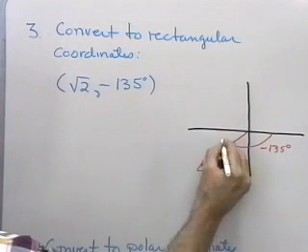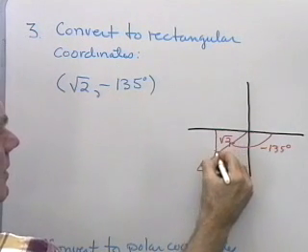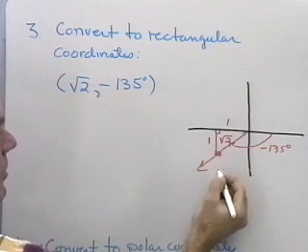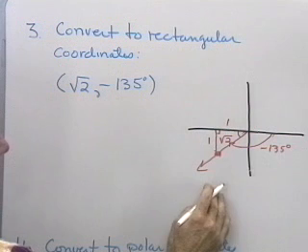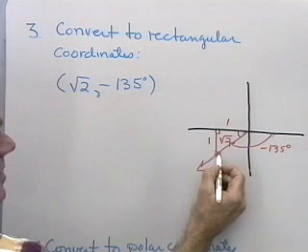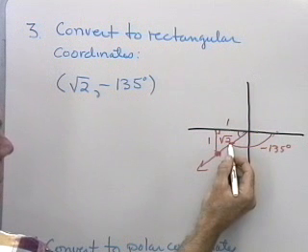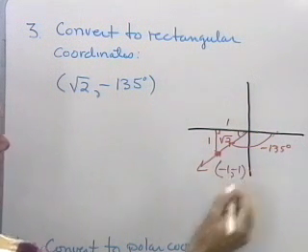So I'll draw this point right here and call that square root 2. Since this is square root 2, and this is 90 degrees, I know that's going to be 1 and 1, because that's 45 degrees, the reference angle for negative 135. So this point that's at square root 2, negative 135 degrees in polar coordinates would have rectangular coordinates negative 1, negative 1.